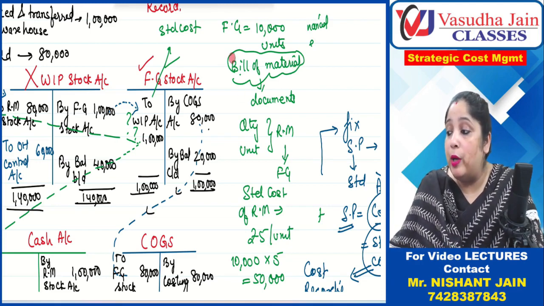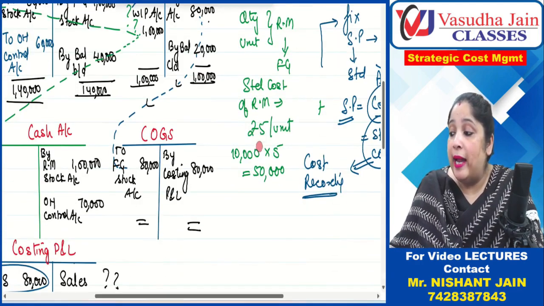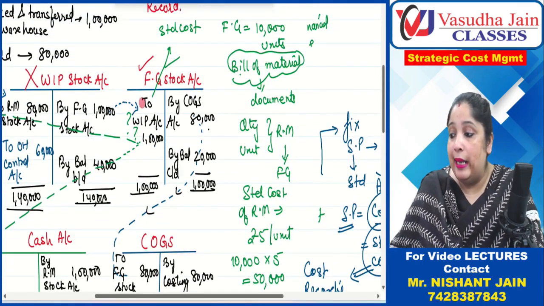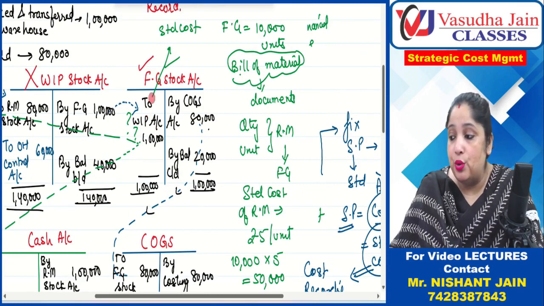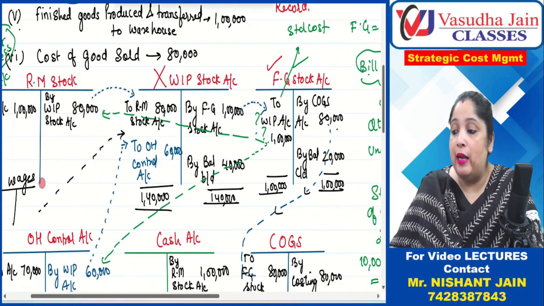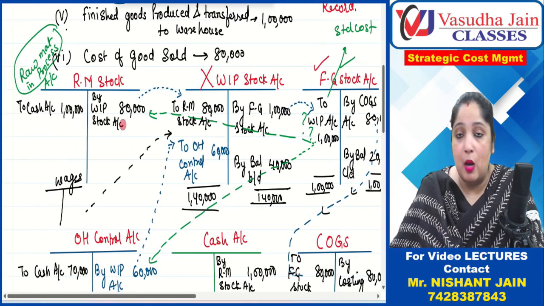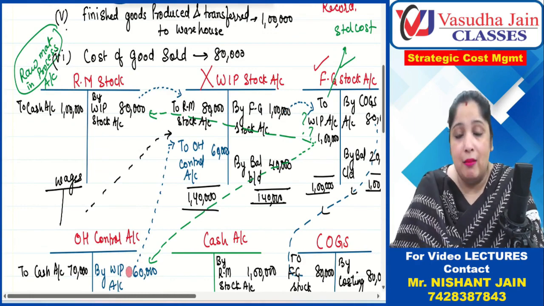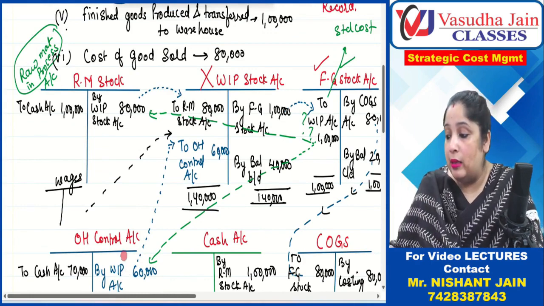So how do you get to know the standard cost of 10,000 units? You have to go through the bill of material. There you will find how much raw material should have been used. Then you will pass the entry that this much raw material has been used in finished goods, and a corresponding entry will be made in the raw material account. The question will tell you how much overheads should be applied at standard cost, and the same entry is passed.